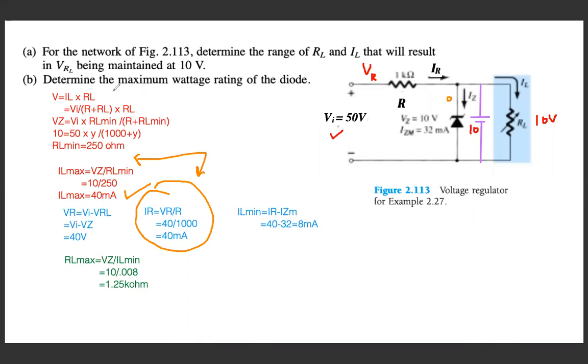We also have to calculate the maximum voltage rating of the diode. तो बताइए इसके लिए क्या करेंगे? It is asking for PZM. Sir, IZ into VZ.